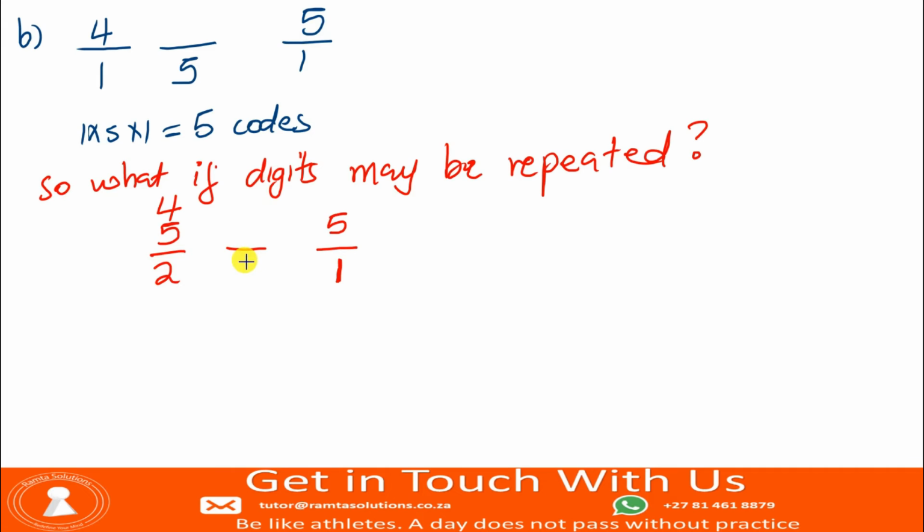And here, if digits may be repeated, you will have 7 of them. So how many codes can you make? 2 times 7 times 1, which is 14 codes if the digits may be repeated. Okay? Perfect.